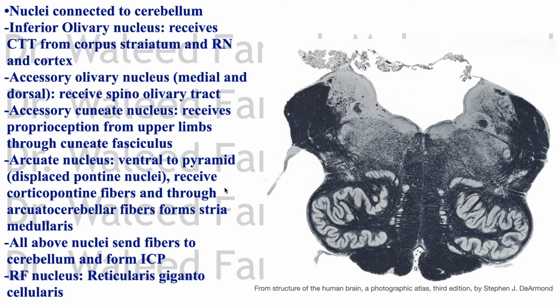Reticular formation nucleus, as I told you before, the nucleus reticularis gigantocellularis. So this is a section of the open medulla, and this is part of the cerebellum here showing.